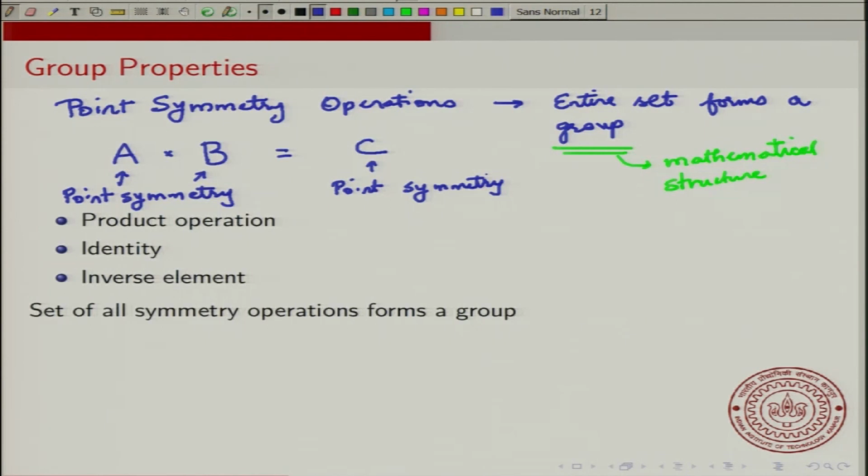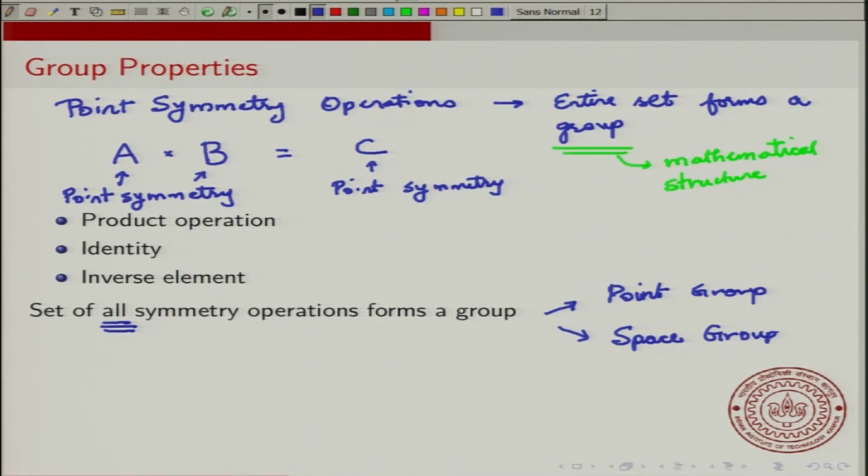So if you have a set of objects such that you take a product of any two of those and you get another member of the set, then that is one of the properties for that set of objects to form a group. What we will show is that the set of all, and the word all is very important, all symmetry operations form a group. If you take point symmetry operations, you get a point group, which only involves point symmetry operations, and a space group if you have point and space symmetry operations.